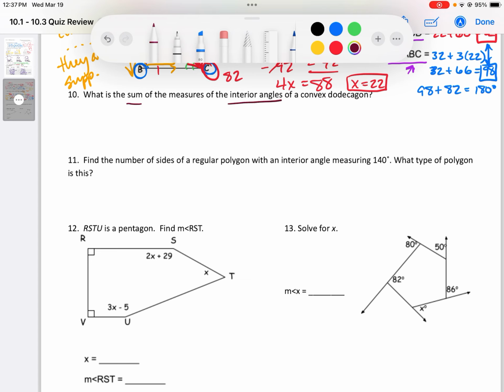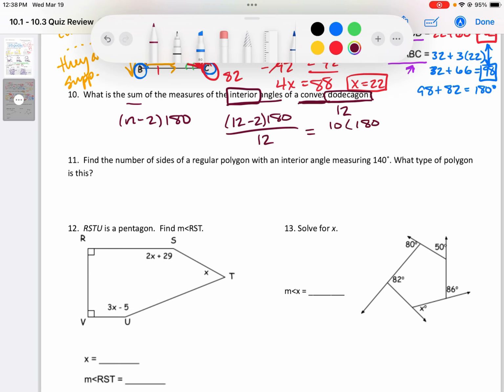Number 10 asks, what's the sum of the interior angles of a convex dodecagon? All right, so when I'm doing sum of angles, it's going to be n minus 2 times 180. That's for interior angles of a convex polygon. And in this case, a dodecagon has 12 sides. So if I set this up, it's going to be 12 minus 2 times 180 over 12.